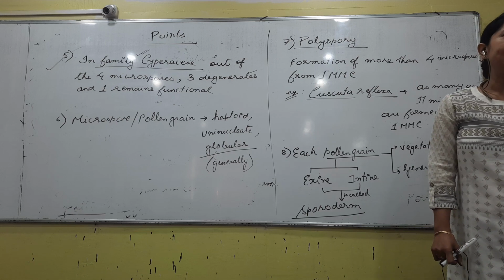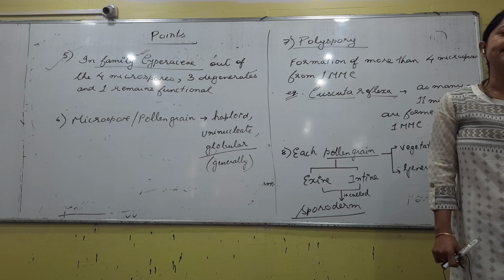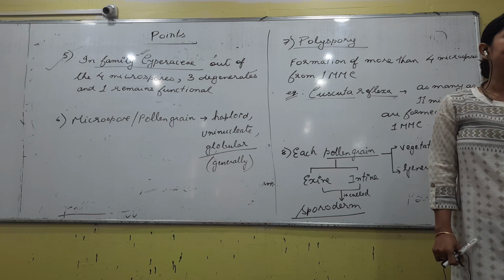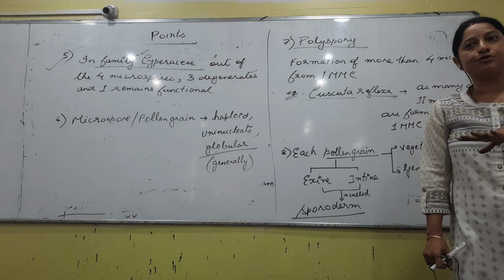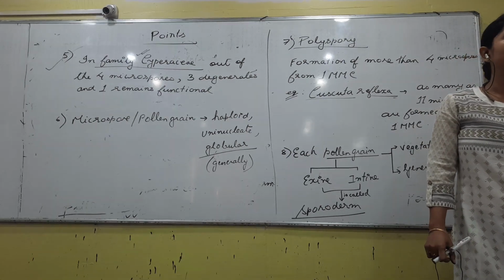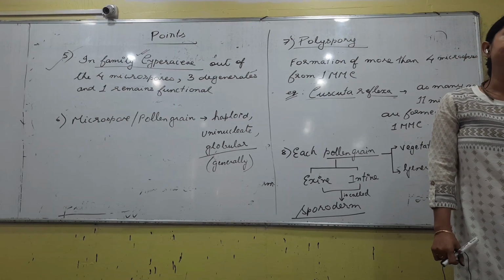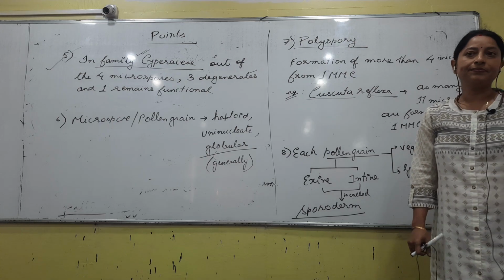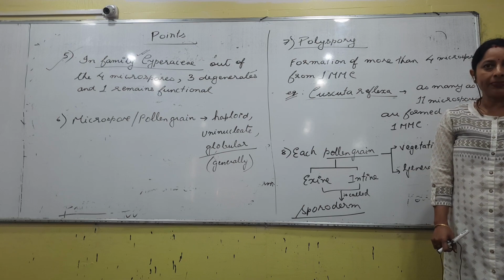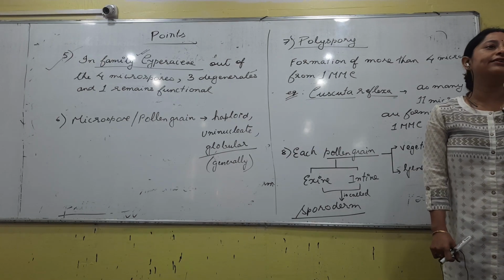From one MMC, either microspore mother cell or megaspore mother cell, each will divide and ultimately form a collection of 4 microspores or 4 megaspores. Commonly, out of the 4 microspores, how many germinate, and out of the 4 megaspores, how many germinate? That is the point that you need to remember.